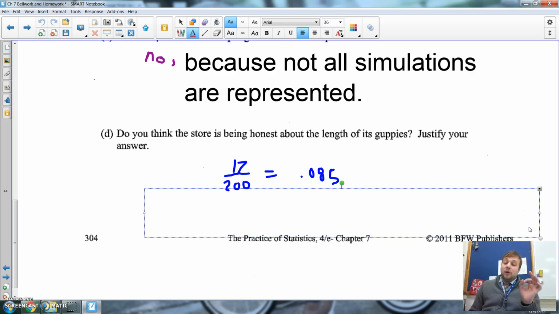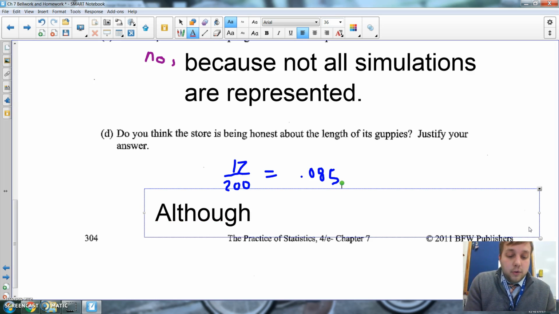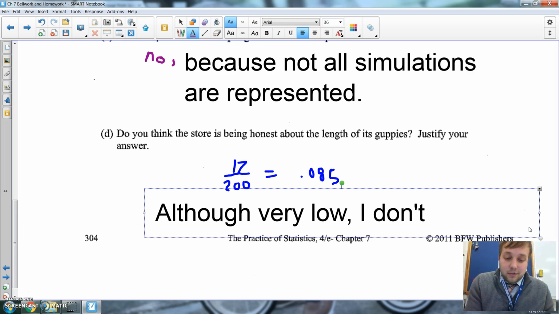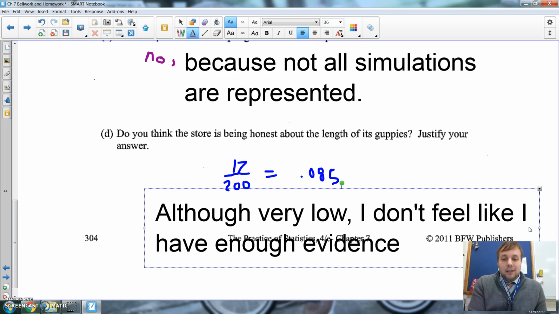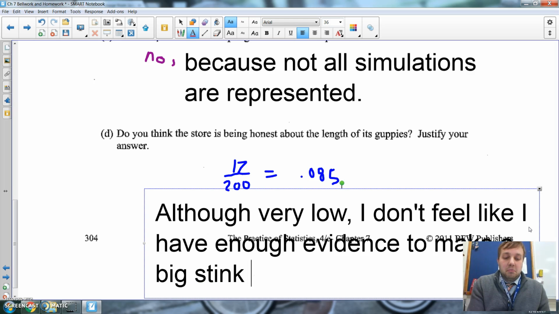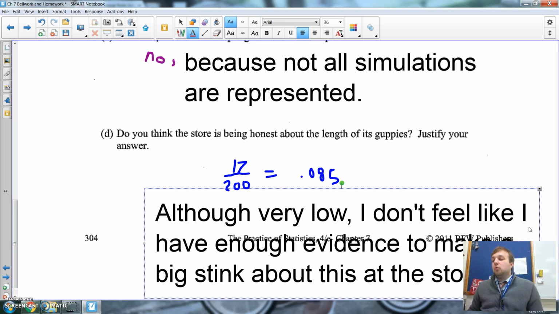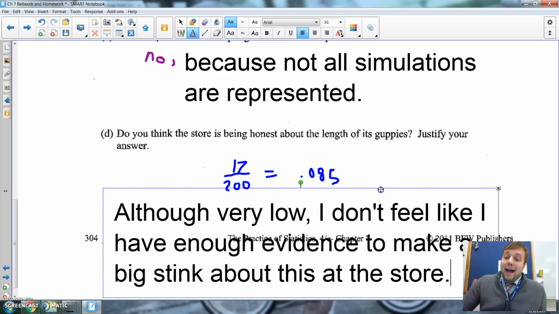And so 8%, although it's very low, I don't feel like I have enough evidence to make a big stink about this at the store. So I'm not going to go romping around in there, even though I only had an 8% chance of getting what I got.